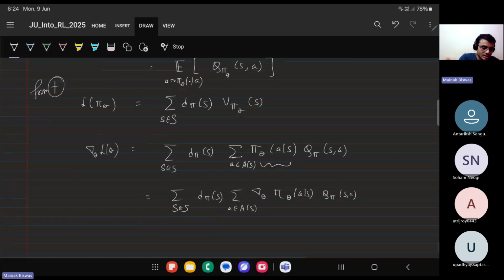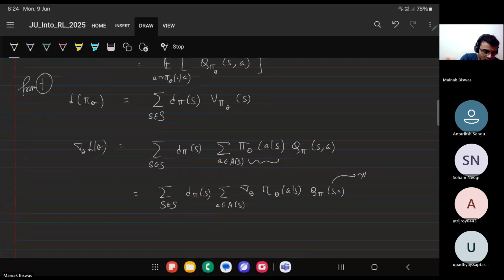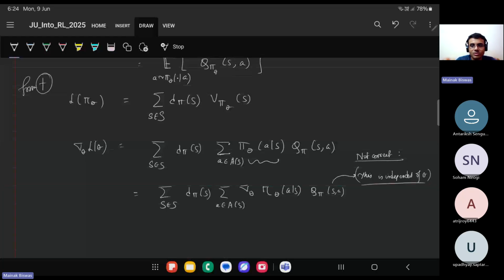The idea is saying this is not correct, but saying this is independent of theta. Never tell this to people in an interview, then they will say that you don't know the thing. But this ends up being the same thing because the stationary distribution comes in, and using the infinite recursion, we could remove q pi theta and whatever we had into just summations.